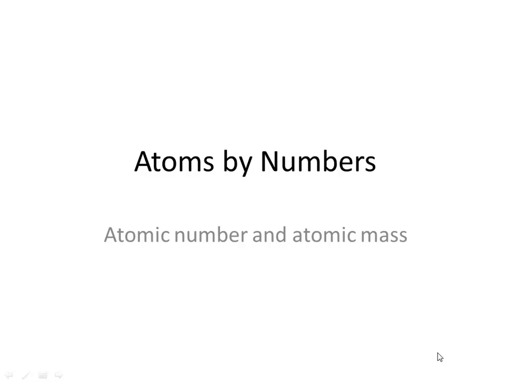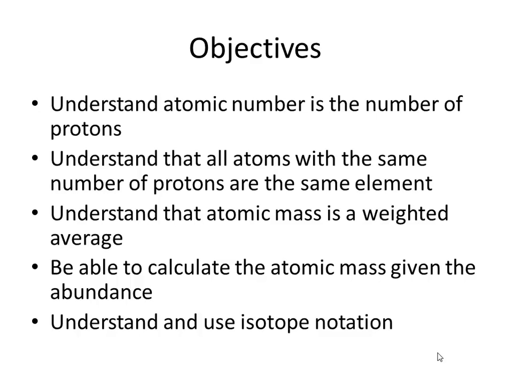Atoms by numbers. We're going to be talking about the periodic table and some of the things that are on the periodic table. So, first thing we should know is that the atomic number is the number of protons. We should also understand that the atom is defined by the number of protons.